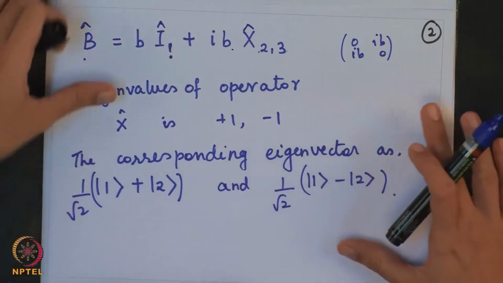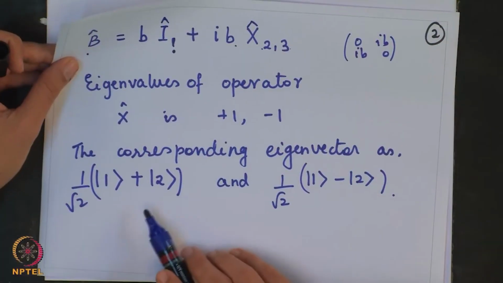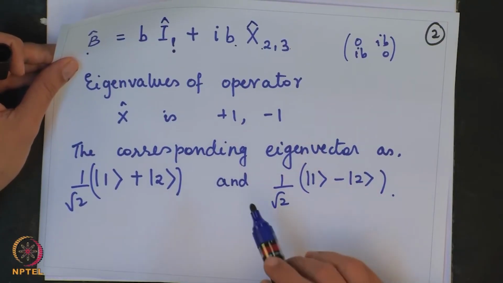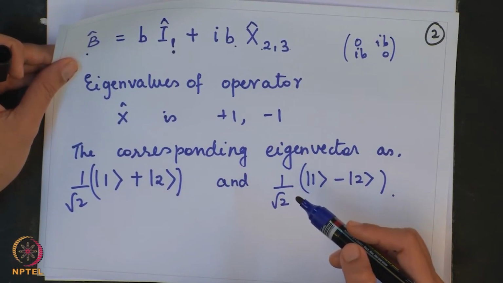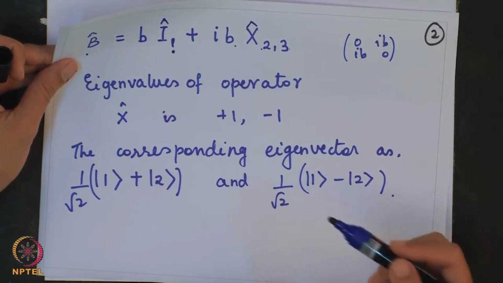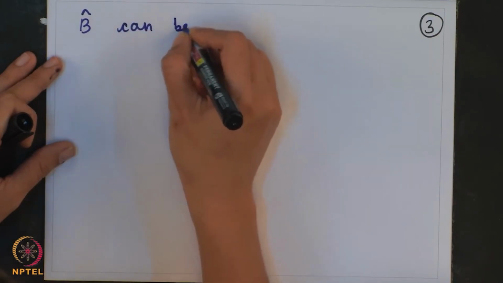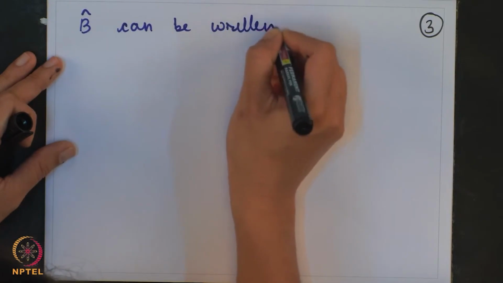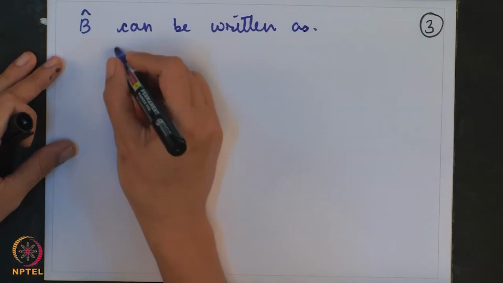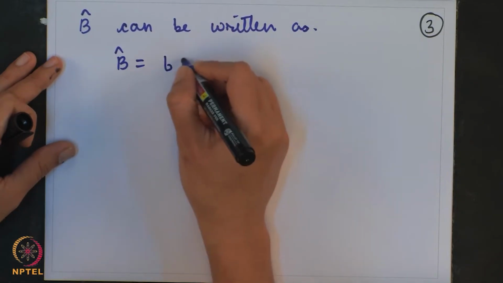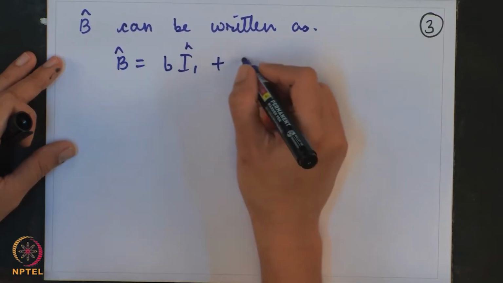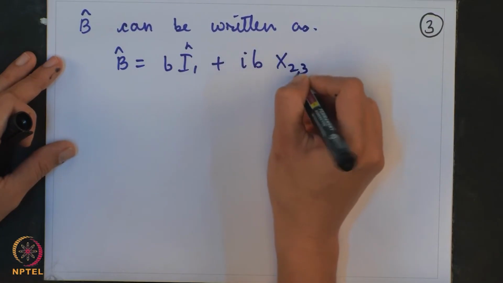Okay. So, we have done this using this information, and what we have obtained here, can we calculate the eigenvalues and eigenvectors of B? What we have here is that operator B can be written, let me rewrite this as before, as B I in the 1 1 block plus iB X in the 2 3 block.